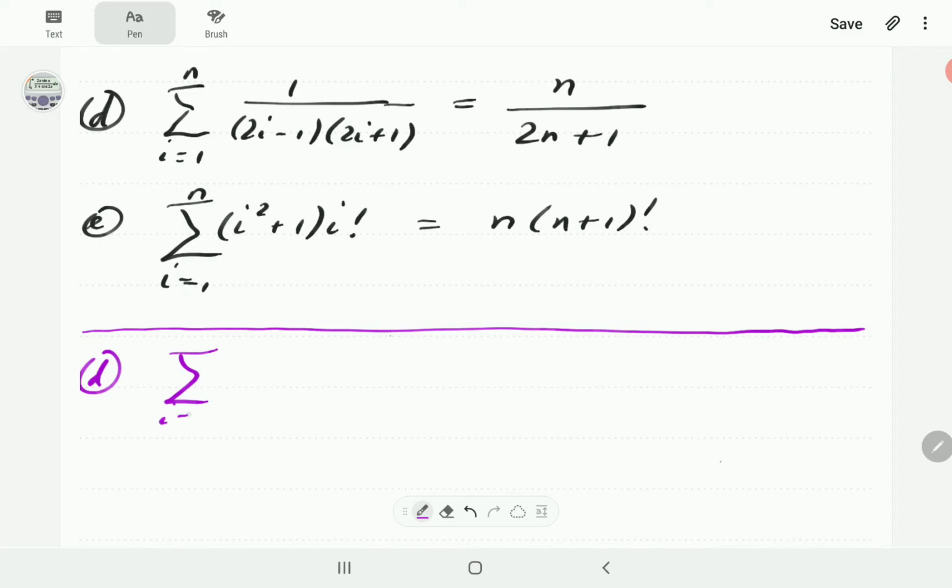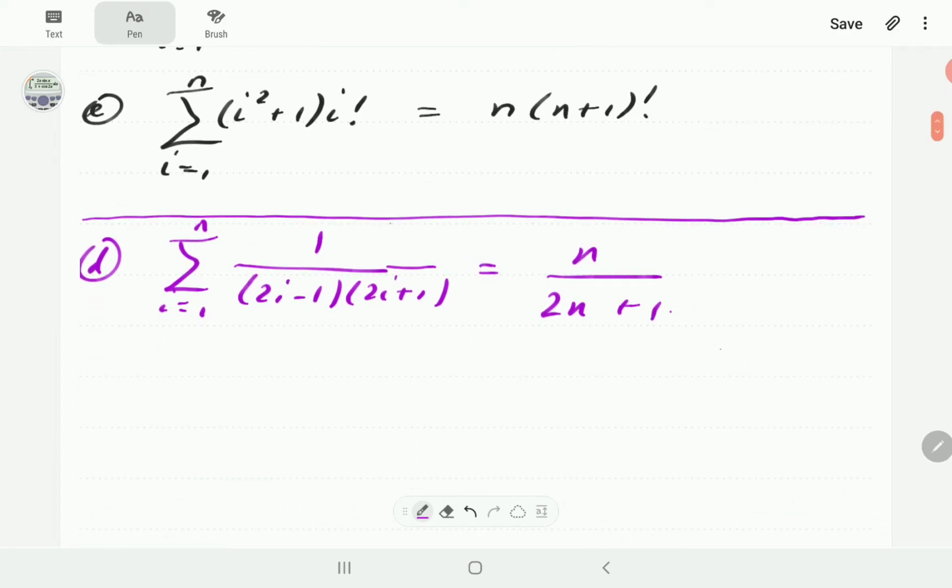Right, so for D, we have the sum from i equals 1 to n of 1 over (2i minus 1) times (2i plus 1). According to this proposition, this is always equal to n over 2n plus 1. The first term is going to be 1 over (2 times 1 minus 1)(2 times 1 plus 1).